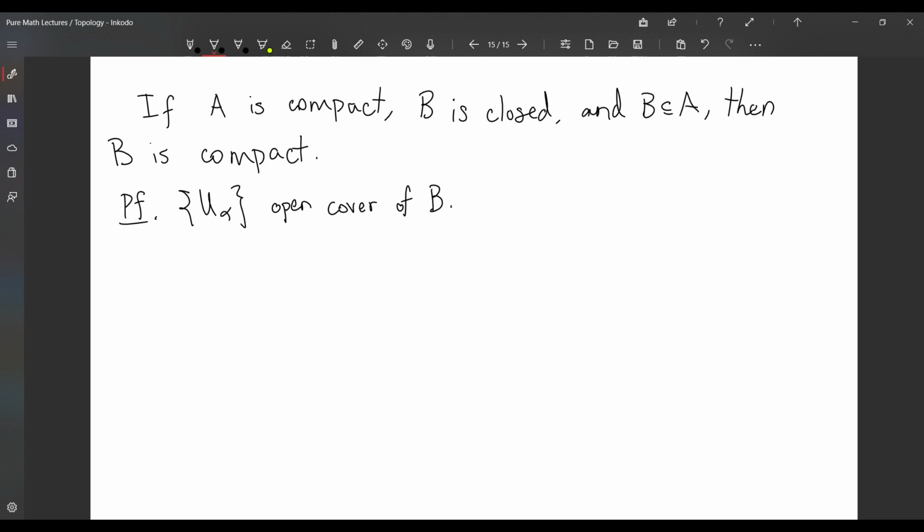But since B is closed, and by the way, we are assuming here the topology is coming from X. So B is contained in A, which is contained in X, and our topology is coming from X. So B is closed, so X minus B is open.